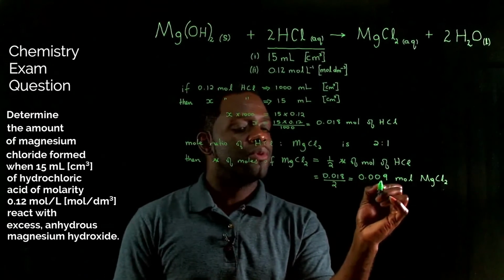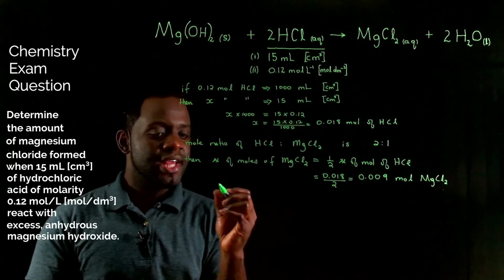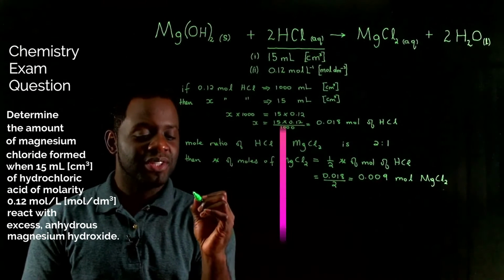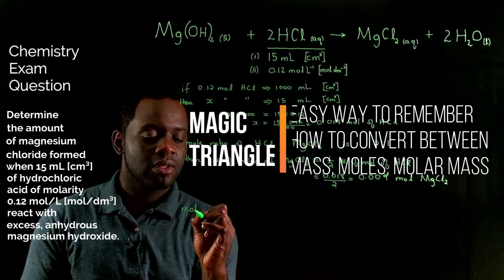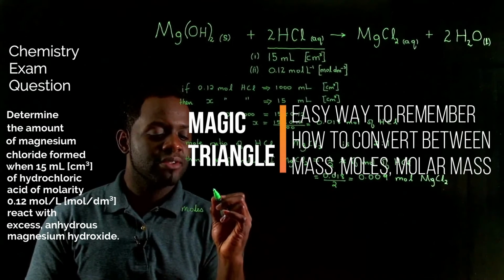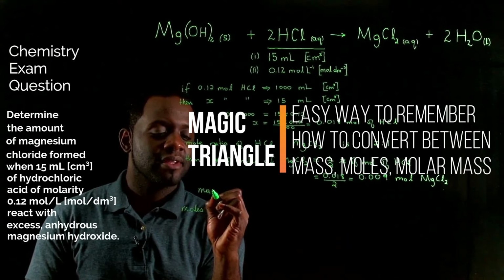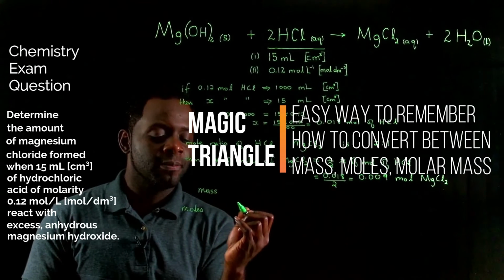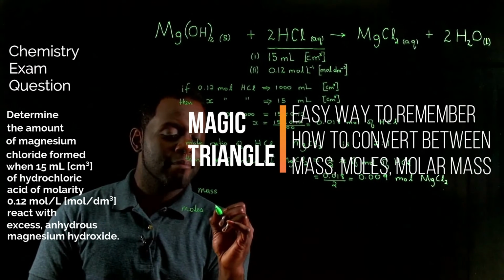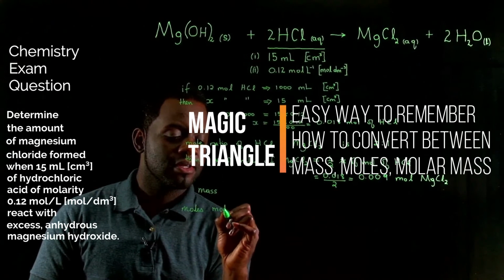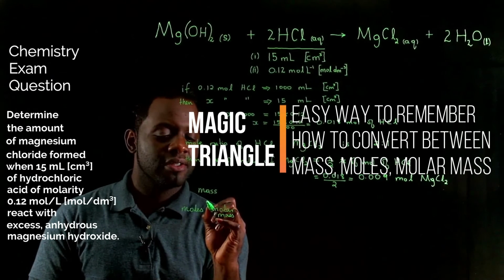Converting this number of moles to mass, we simply use the magic triangle, which is moles is equivalent to mass, or the given mass that is in question, divided by the molar mass, to give a triangle looking like this.